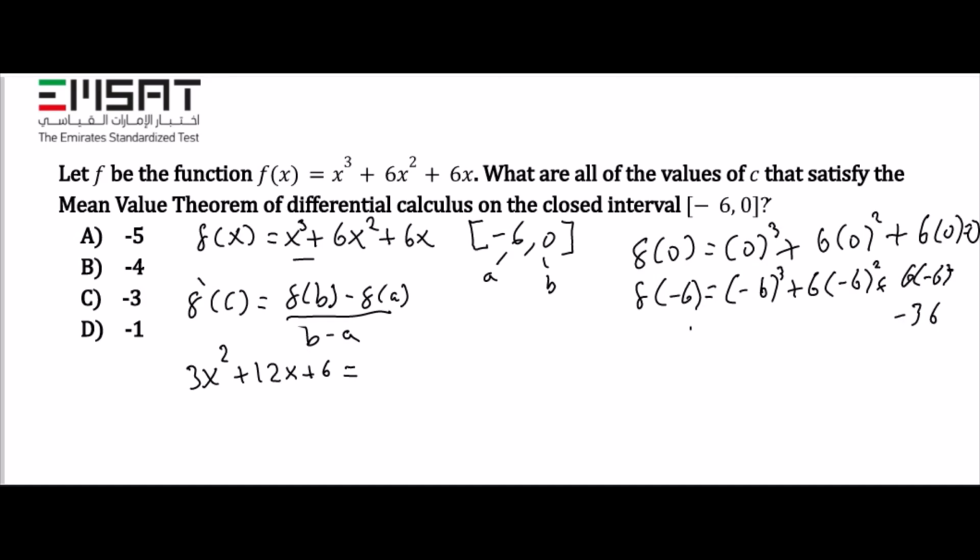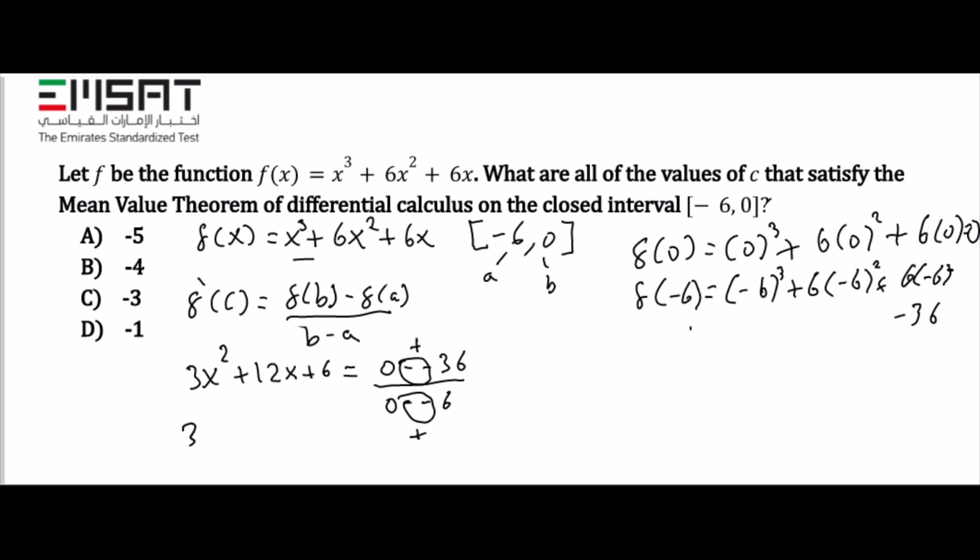So 3x squared plus 12x plus 6 equals f of b, which is 0, minus -36 over b minus a, which is 0 minus -6. The negative will turn to positive, and also positive 6.